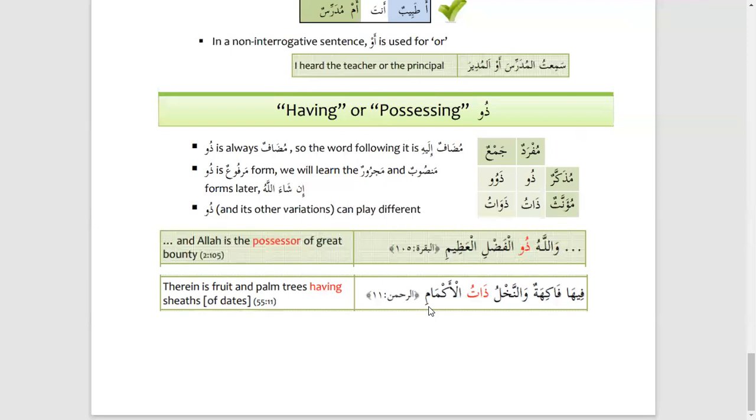Clear so far, inshallah? I have a question. Yes, please. In the first example, shall we say that al-fadl is mudaf ilayh and al-azim is also mudaf ilayh? Both of them? Yes, because there can be more than one mudaf ilayh for one mudaf. That's right.